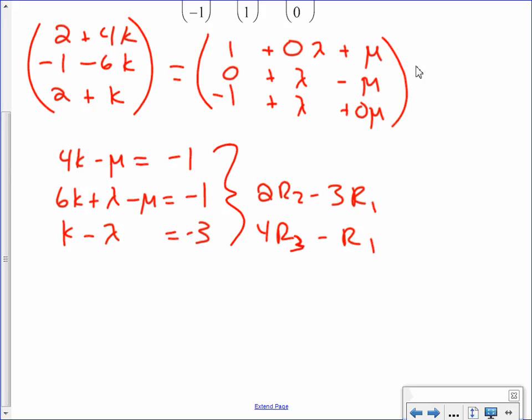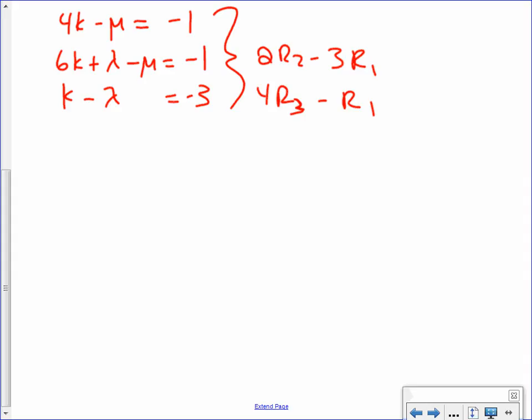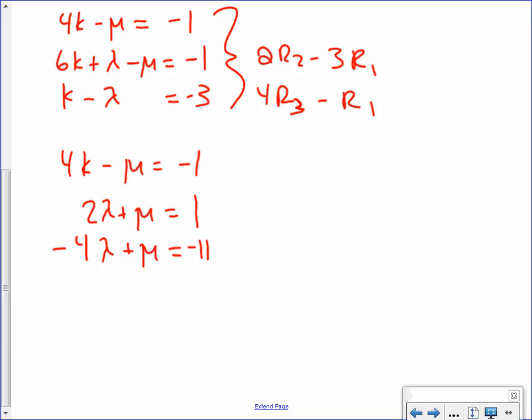Just getting rid of the k's. That leaves us with 4k minus mu equals negative 1, and then 2 lambda plus mu equals 1, and then negative 4 lambda plus mu equals negative 11.